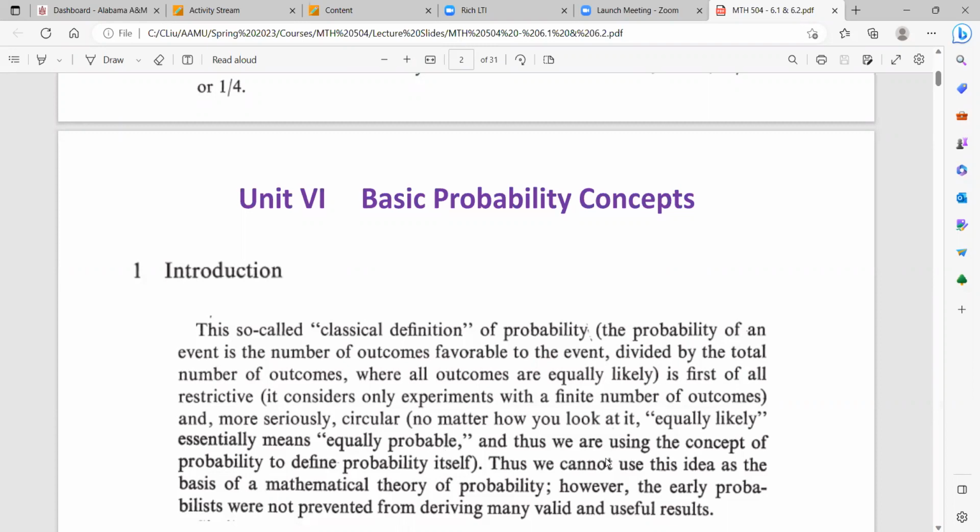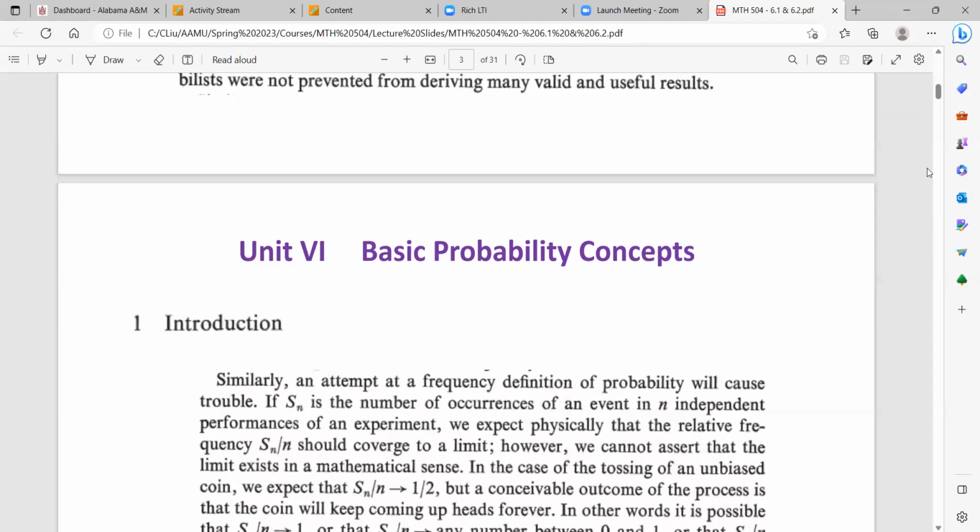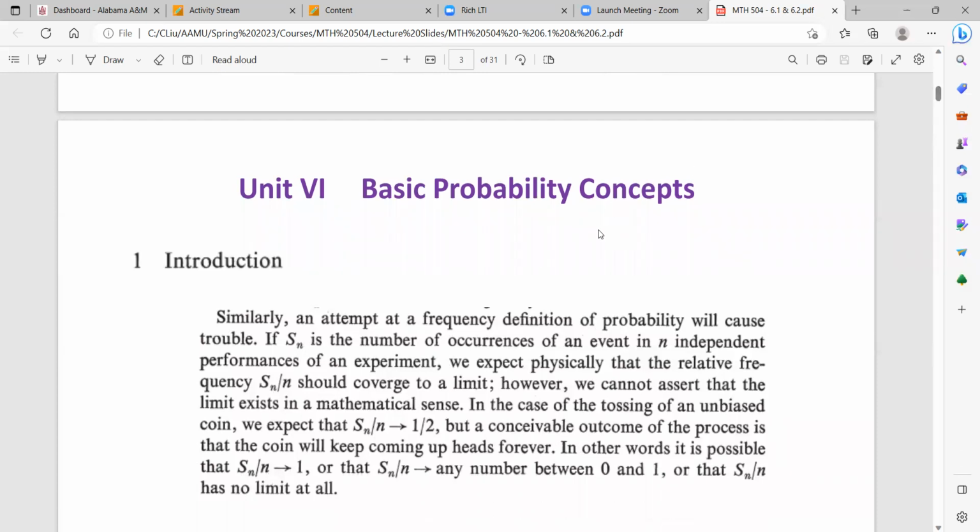Although you can still get some correct results and a lot of conclusions, the mathematical basis is not good. This is also true if you use a frequency definition of probability, like the card experiment we did.